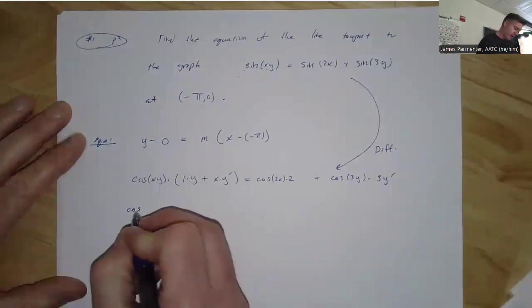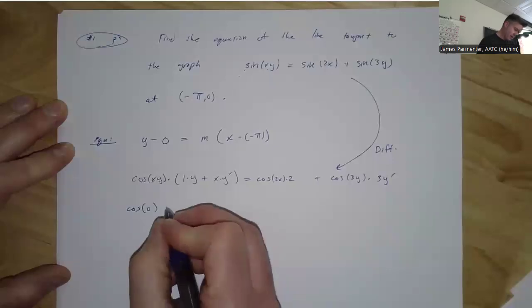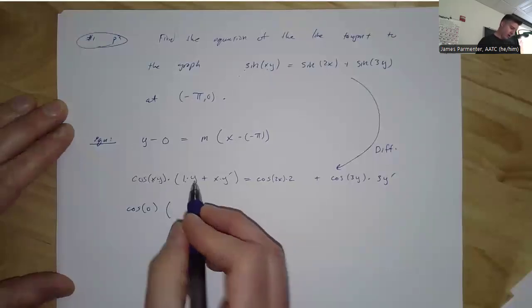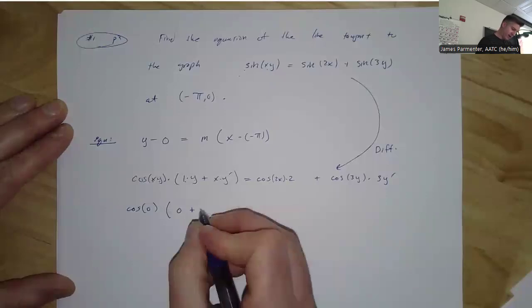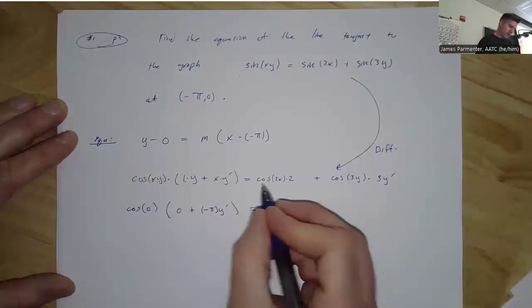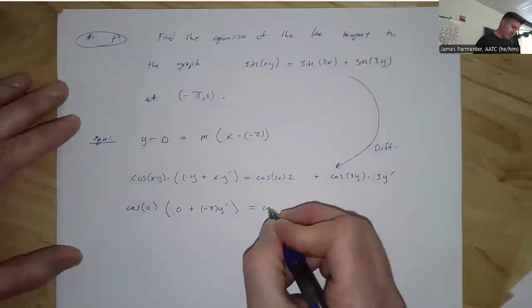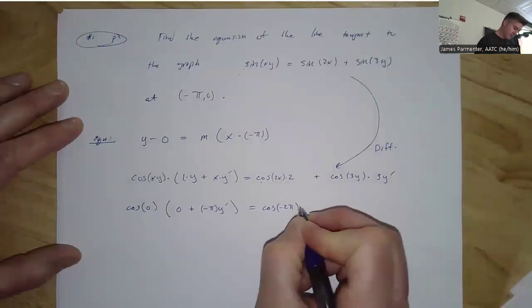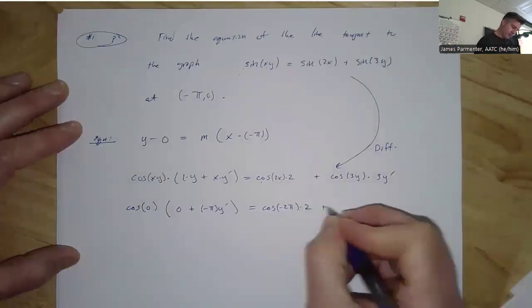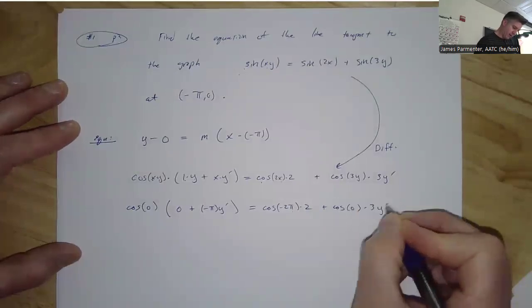We get cosine of negative pi times 0, which is 0, times 1 times 0 plus negative pi times y prime equal to cosine of, oh, sorry, apologies, cosine of negative 2 pi times 2 plus cosine of 3 times 0, which is 0, times 3y prime.